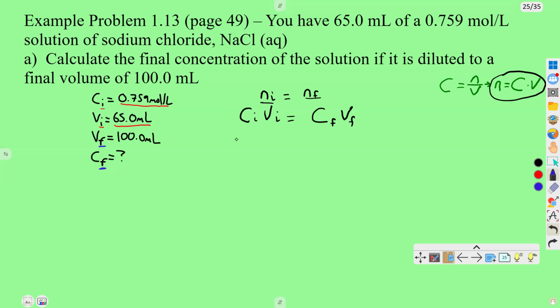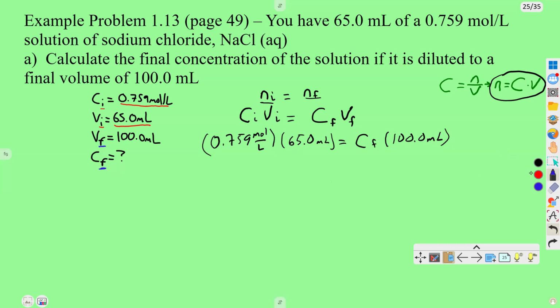Now it gets kind of fun, because what we do is take our initial concentration in moles per liter and multiply it by the volume. You may want to convert your milliliters into liters. However, I want to show you something. If we don't, and we don't do it for either side, we actually find we wouldn't have to.